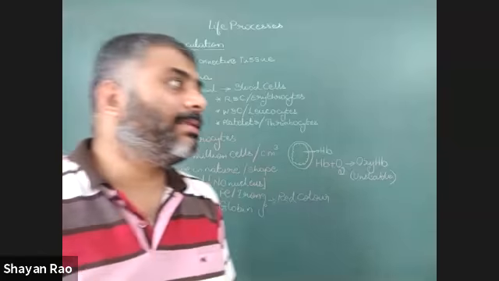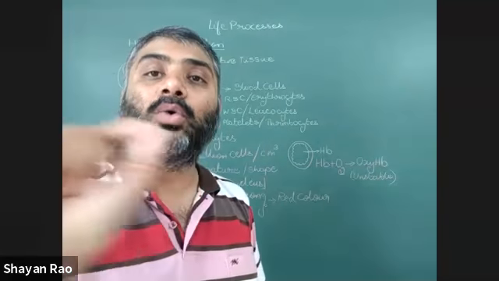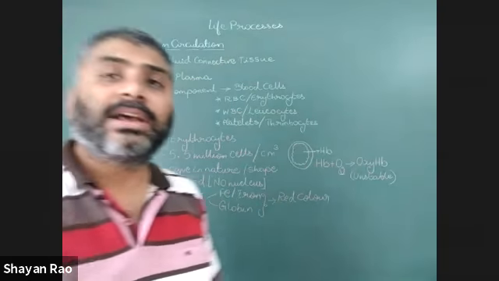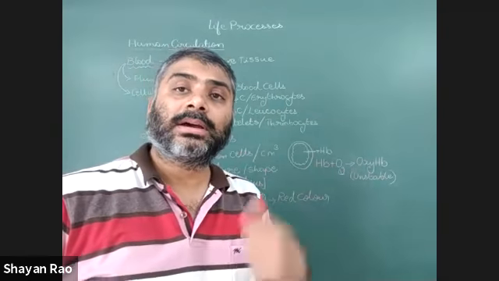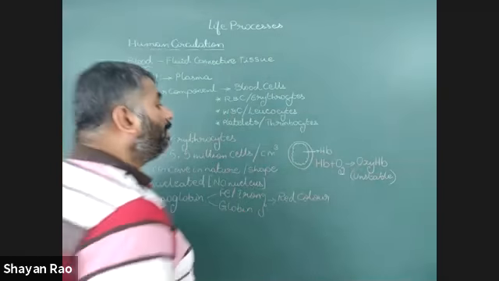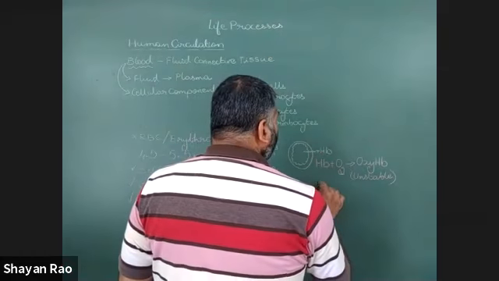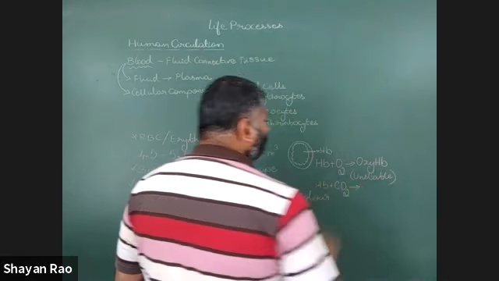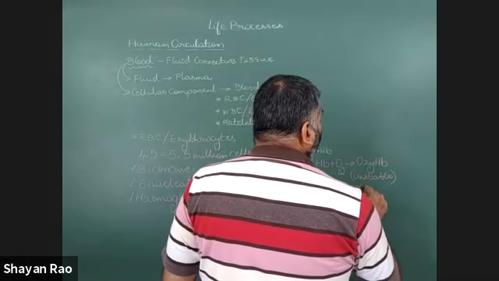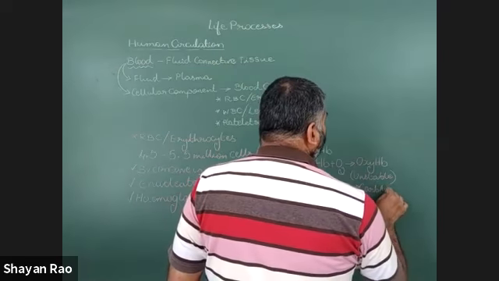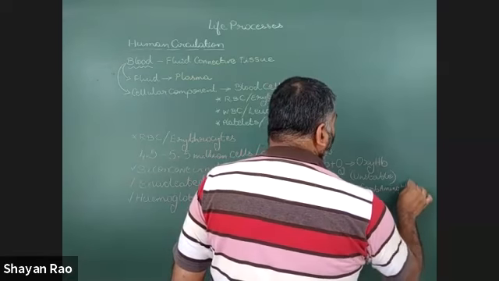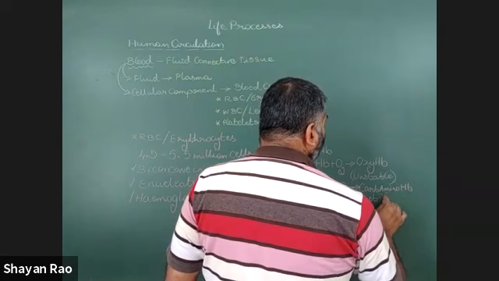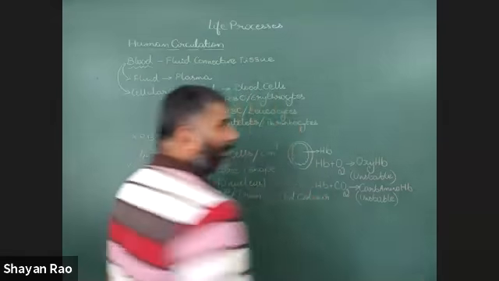As it is unstable, oxygen can diffuse out from the capillaries and reach the cell where oxygen is required for respiration. Is that clear to you? In the same way, hemoglobin can react with carbon dioxide, forming carbaminohemoglobin, which is also an unstable compound.